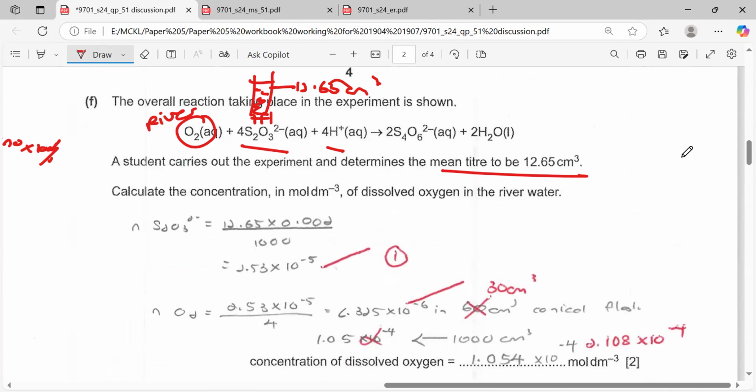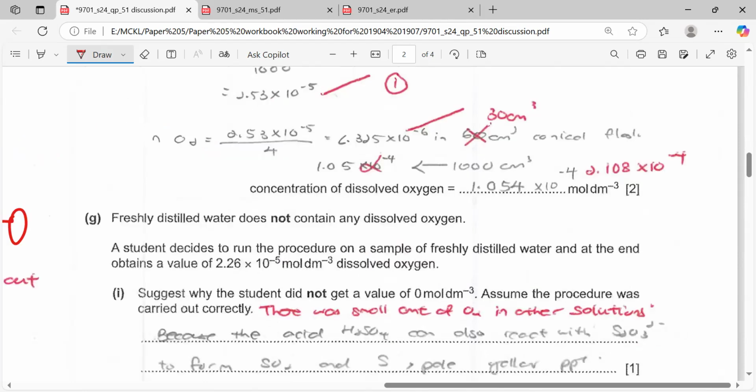Bear in mind, sodium thiosulfate only reacted with the oxygen in the river. The river mixture is only 30 centimeter cube. The rest of the things, like the 10, 5, 10, or whatever they add, right? All these things are like the acid, the alkaline iodine thingy, yeah, that one. Or the potassium iodide.